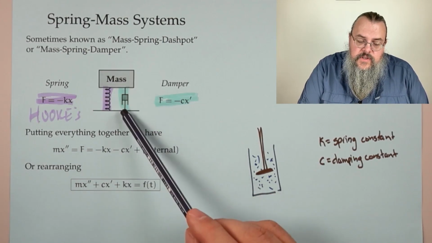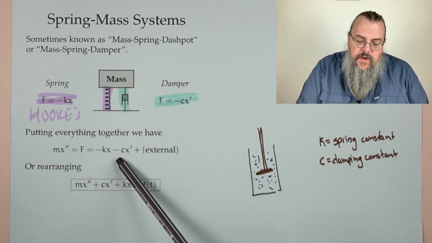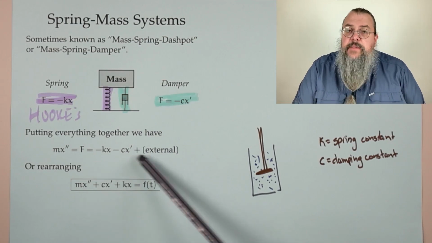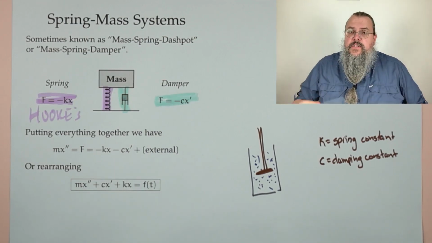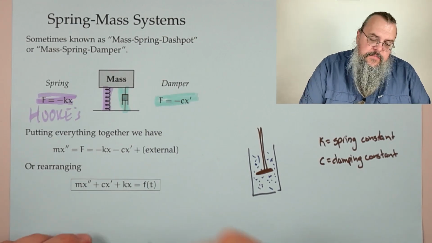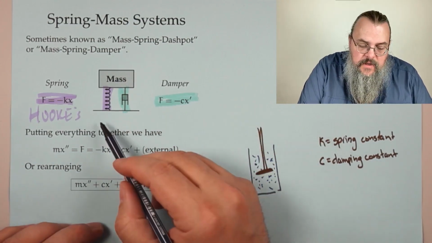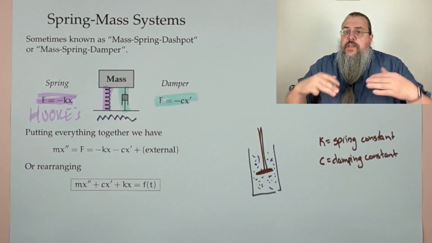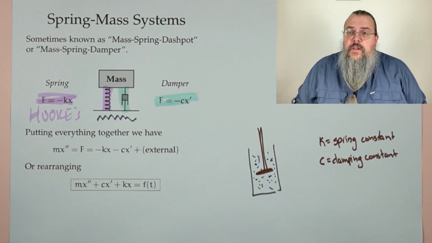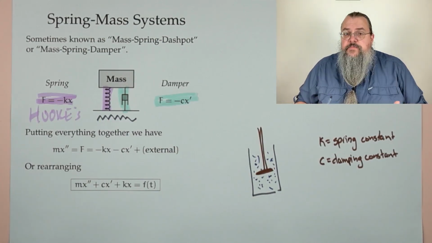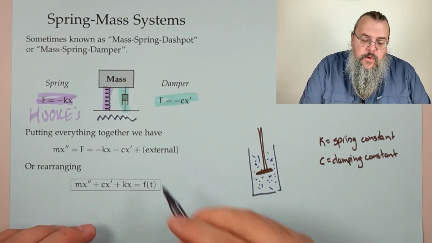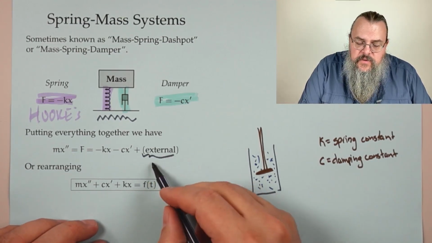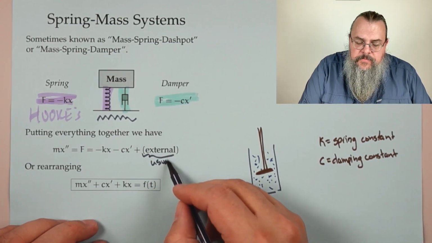The force from the damper, that's minus cx prime, and possibly an external force. So an external force might potentially show up, for instance, if your place where you're attaching is doing some kind of motion as well, which is causing something to move. Most of the time, we're going to assume that our external force is usually 0.